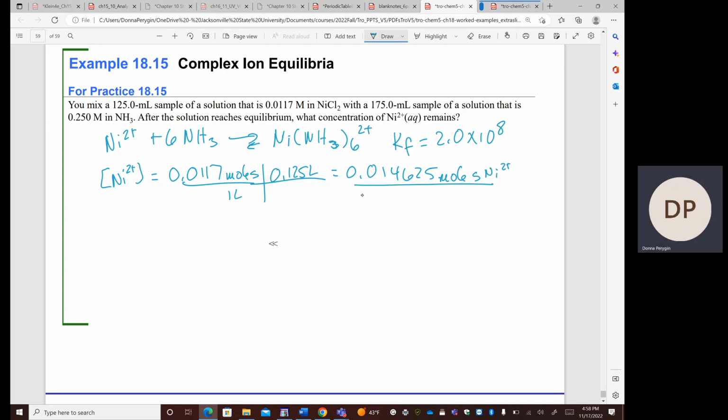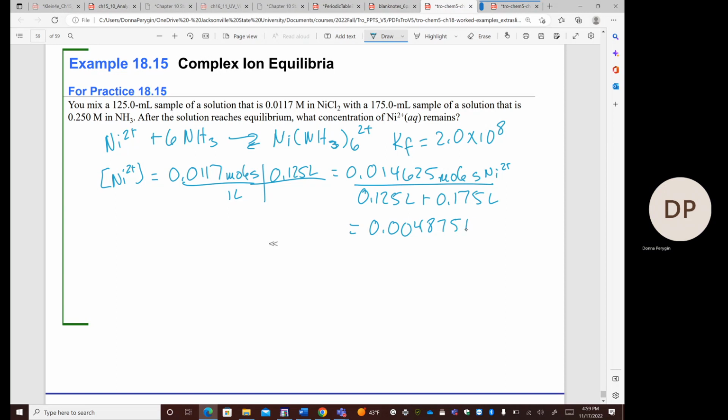And that new volume is 0.125 liters plus 0.175 liters. And that's equal to 0.004875 molar in nickel. Okay.